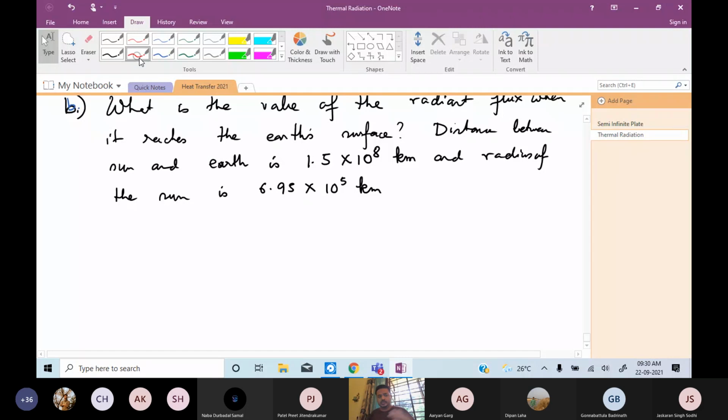Okay, so in other words, what is happening is you have the Sun here. And it's of course radiating in all directions. And somewhere here you have the Earth. And this radiation is going to come and fall on the Earth's surface.